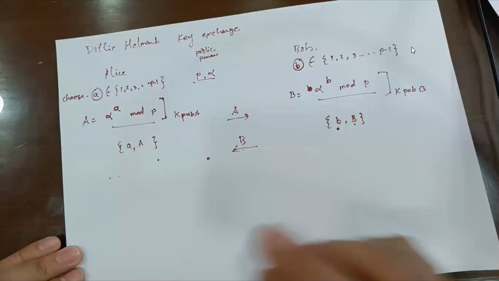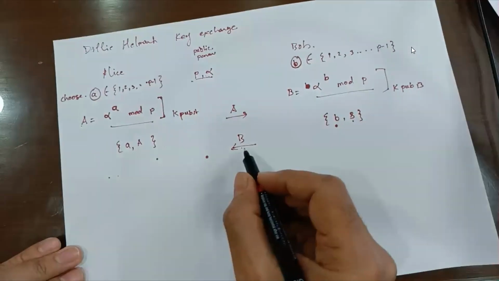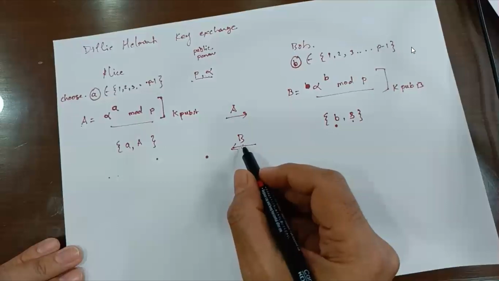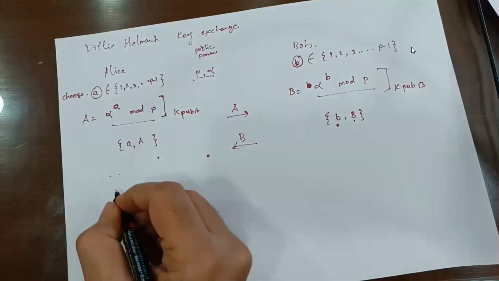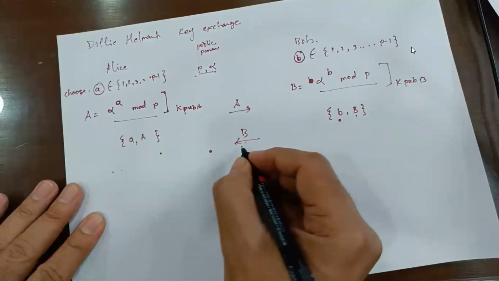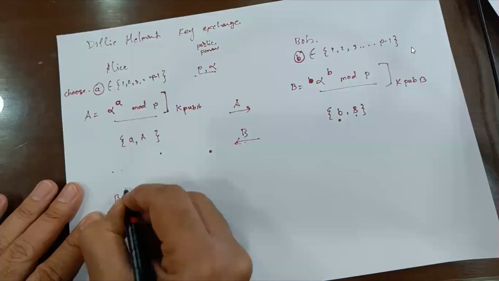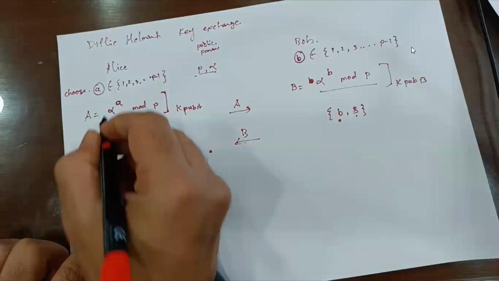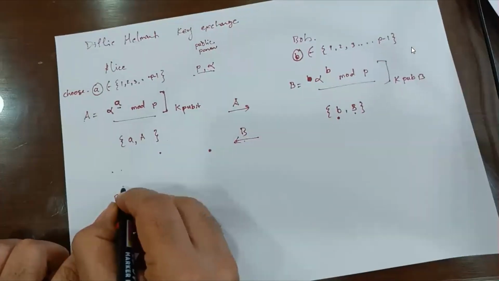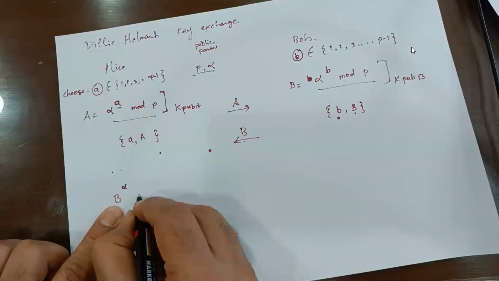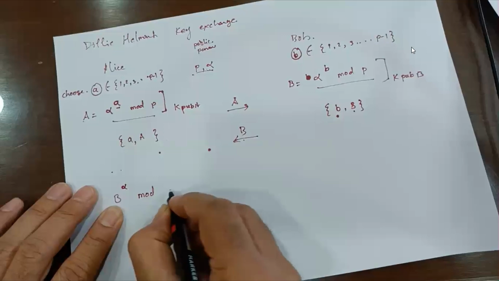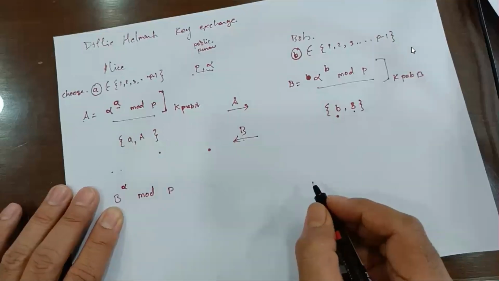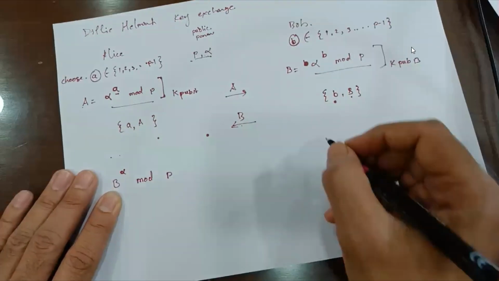Now what you are doing with this public key is, once you receive the public key of Bob, you have to use your own private key and take the mod operation. Do the same thing again here.